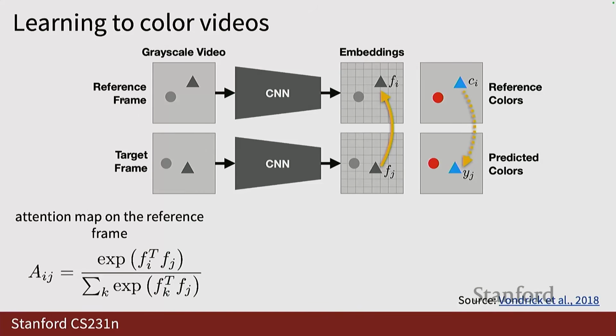For each input frame, reference frame and target frame, we run a CNN to see what features around those pixels should be used. And using those features, for each of the target pixels we can calculate the attention or the distance to all of the pixels in the reference frame.